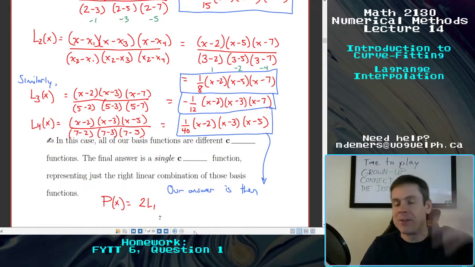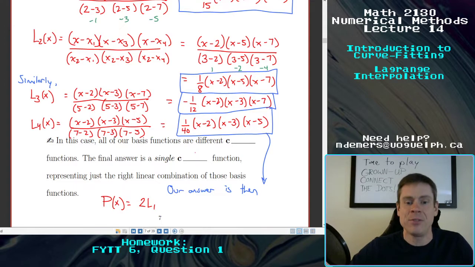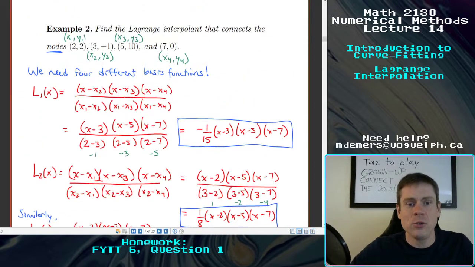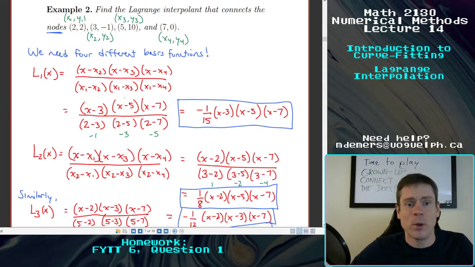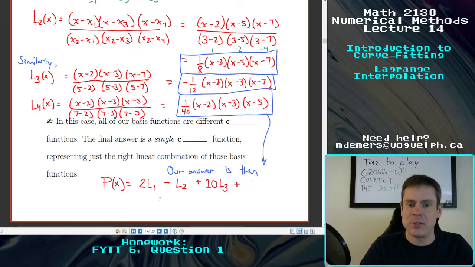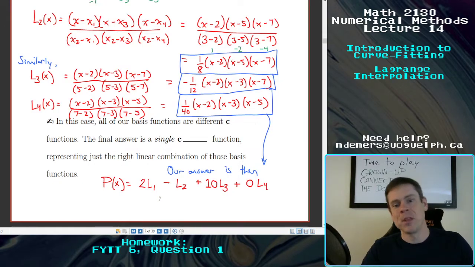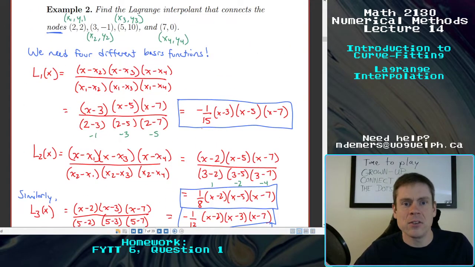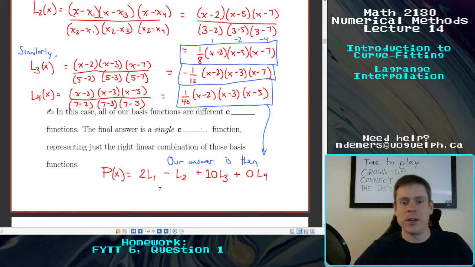You could write out everything here, but it gets very cumbersome, and we already have these things written down. So 2 times L1, negative 1 times L2. So I'm going to write minus L2. I think the next one was plus 10 L3, and I think the last one was plus 0 L4. And just verifying that, and I think we're good.